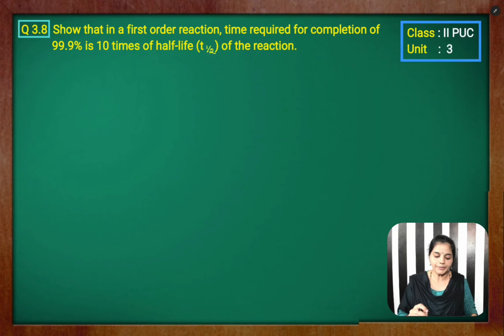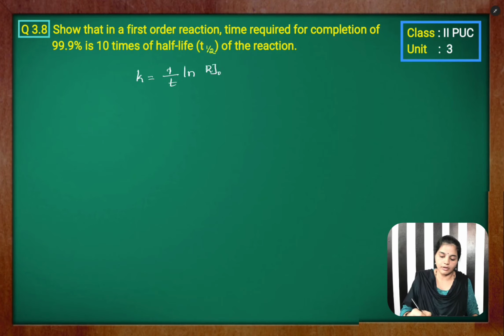Question number 3.8. Show that in a first order reaction, the time required for the completion of 99.9% is 10 times the half-life, that is T half, of the reaction. So for a first order reaction, we know that the rate constant is equal to 1 by t natural log of the initial concentration of the reactant to the concentration of reactant at that time interval.